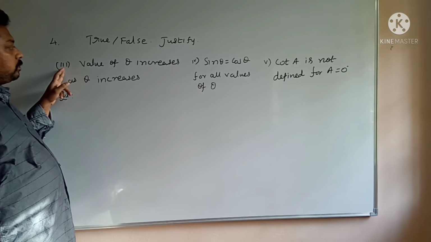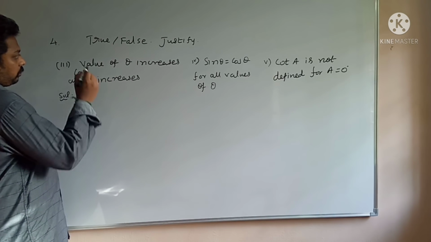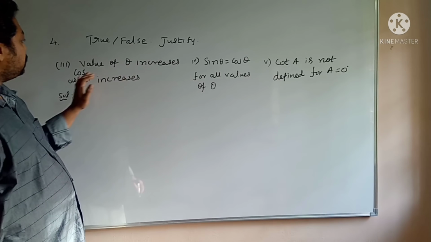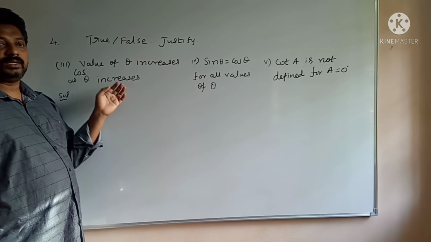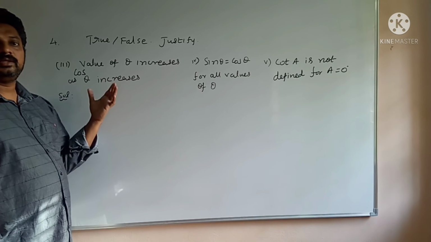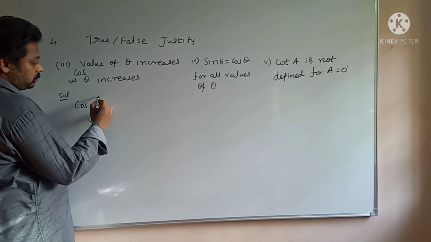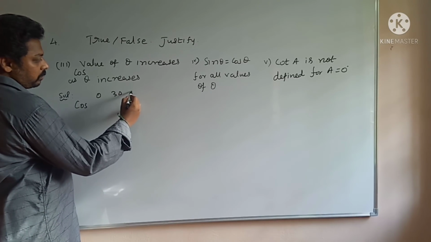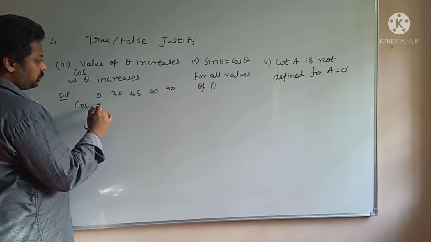So coming to the third Roman, value of theta increases as cos theta increases. Fine. So this is applicable only for sine. So if theta increases, cos theta increases only for sine theta. For cos let us check. So 0, 30, 45, 60, 90. So cos 0 is 1.